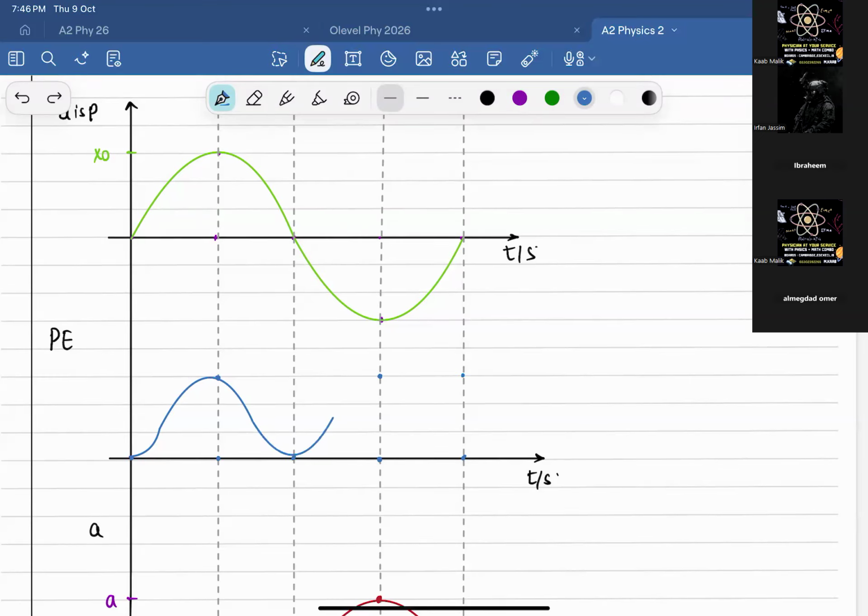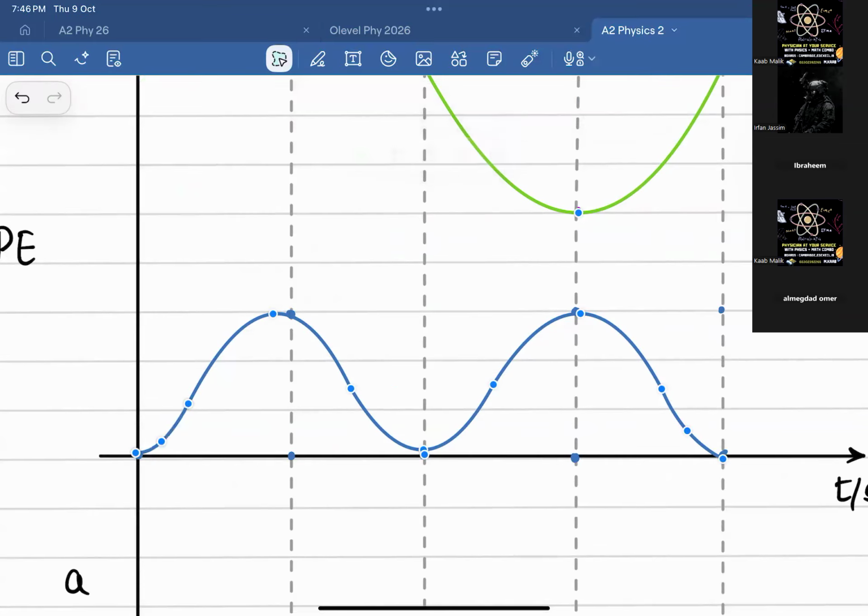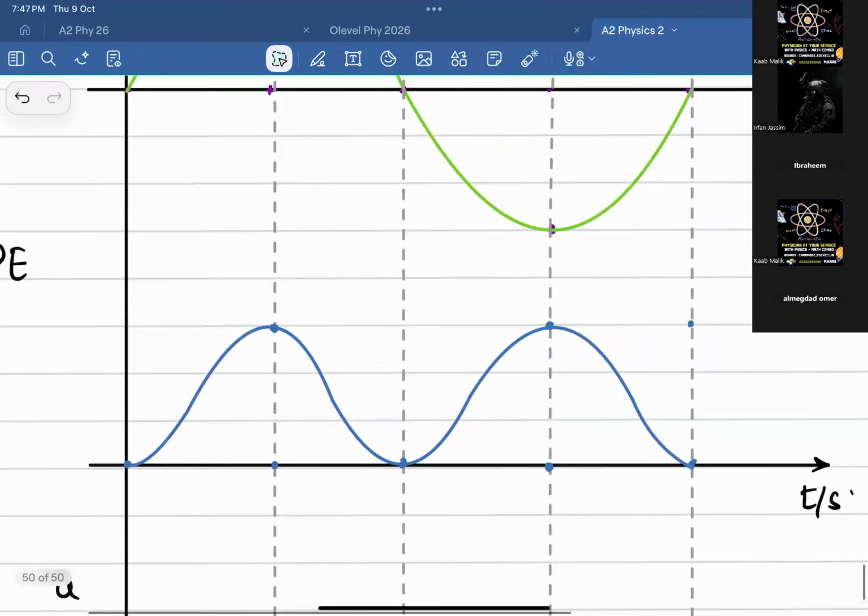Or like this, and like this, and like this. So this is going to be the potential energy graph. Perfect. So this is going to be the potential energy graph.